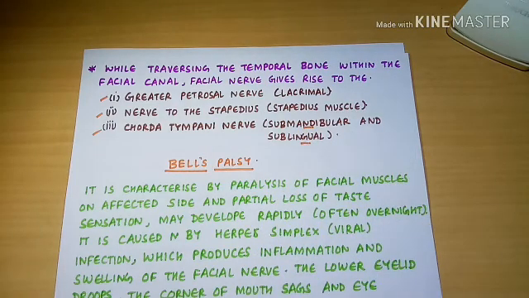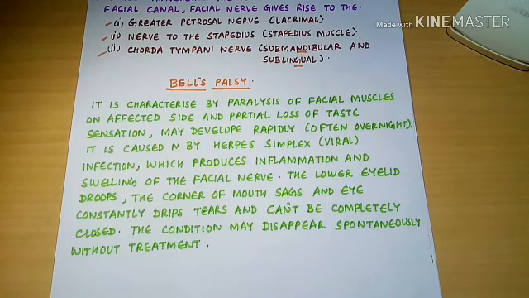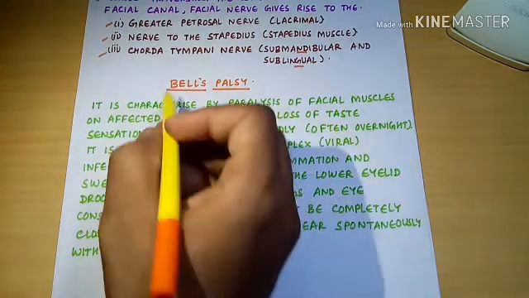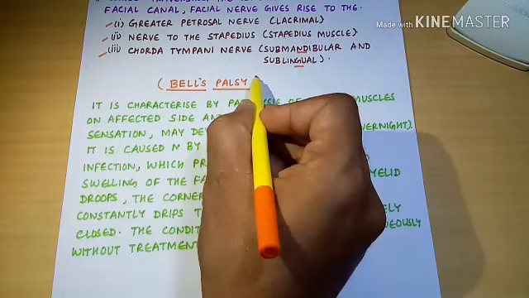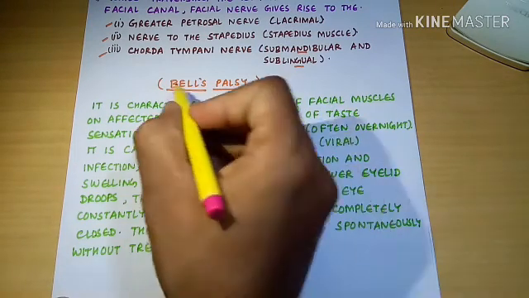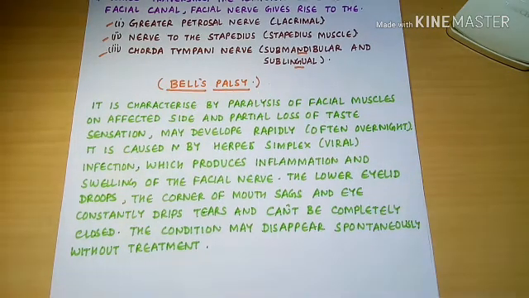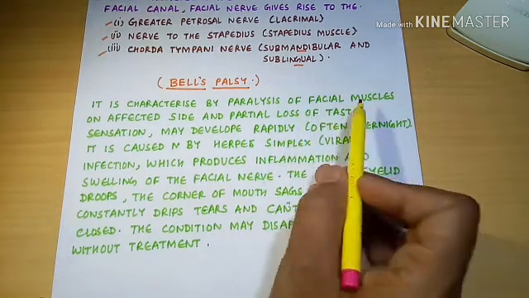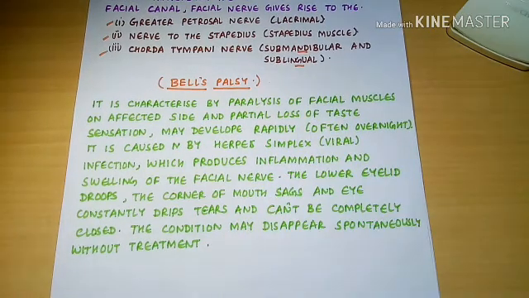If the facial nerve gets paralyzed, it causes a condition called Bell's palsy. Bell's palsy is characterized by paralysis of the facial muscles. If the nerve which supplies the facial muscles gets paralyzed, it is called Bell's palsy.